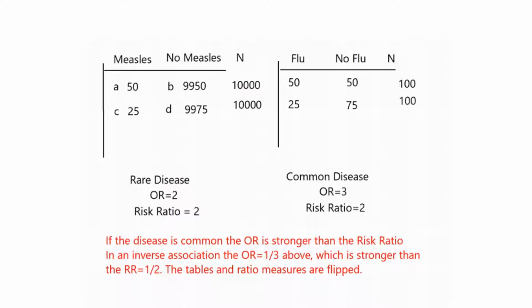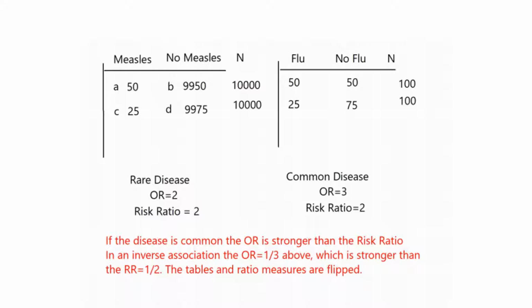And just be aware that if you were to flip around the exposure conditions, something I demonstrate in the worksheet, if you were to take the row that reflects C and D, the 25 and 75, and have that be your exposure group, then you would see something that's a protective effect.